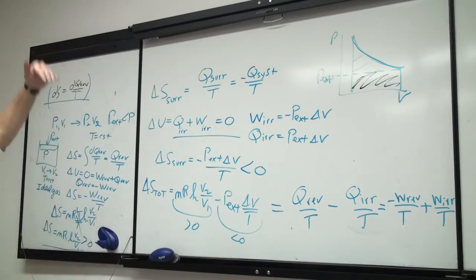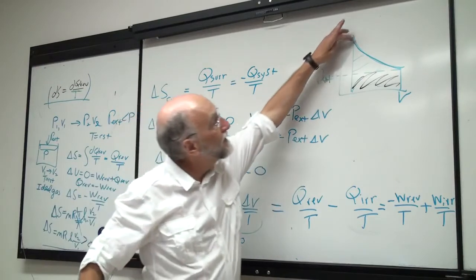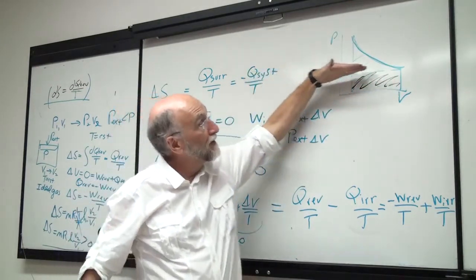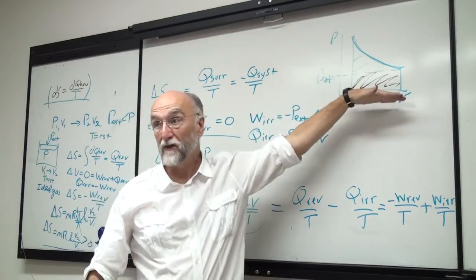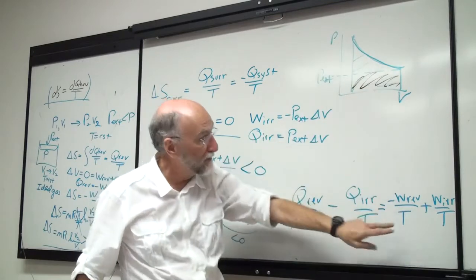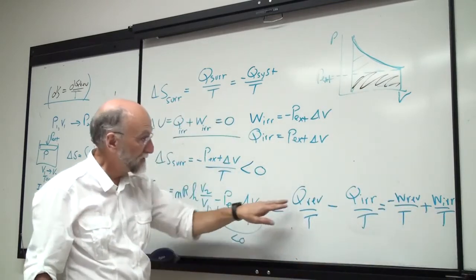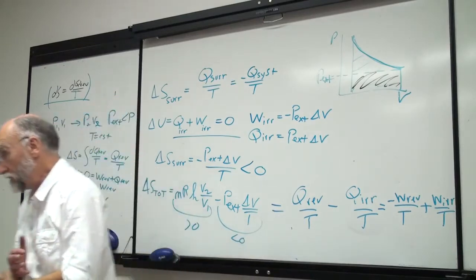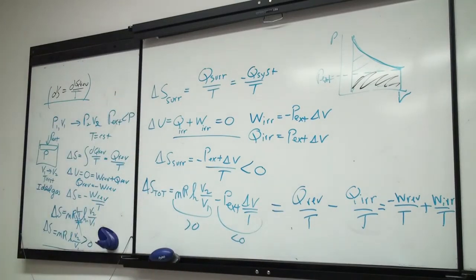The irreversible work is P external dV, which is always less than P dV, or algebraically it's more negative. So this minus this is always going to be positive. It's the difference between the reversible and the irreversible heat. The reversible work is always the maximum work the system can do.